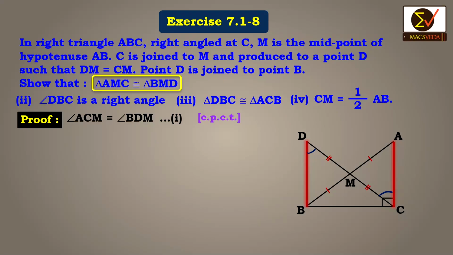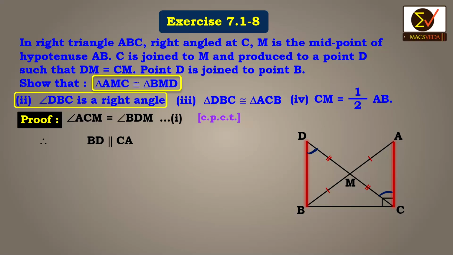Now, if you consider these two lines AC and BD, CD is like a transversal and these are alternate angles made by the transversal. And this transversal making equal alternate angles means the two lines AC and BD are parallel. So BD is parallel to CA.